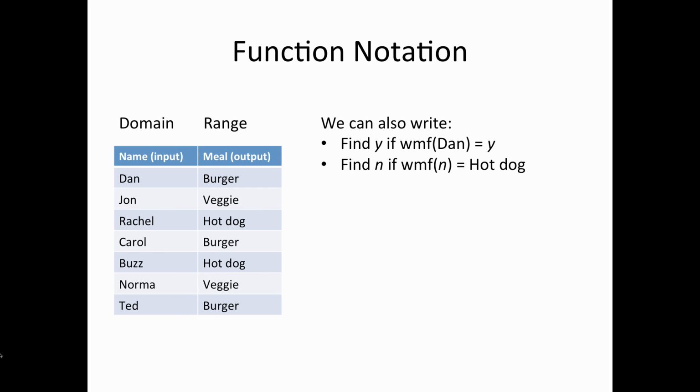Secondly, we can say find n if WMF of n equals a hot dog. Well, let's look. n could be Rachel, because Rachel got a hot dog. n could be Buzz, because Buzz got a hot dog. So if we were asked to find n if WMF of n equals hot dog, that could be either Rachel or Buzz.